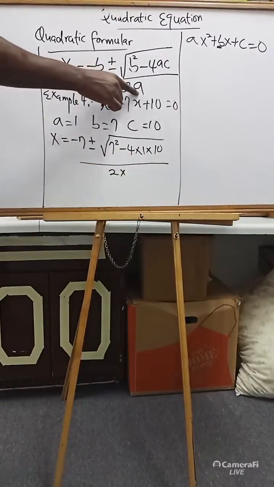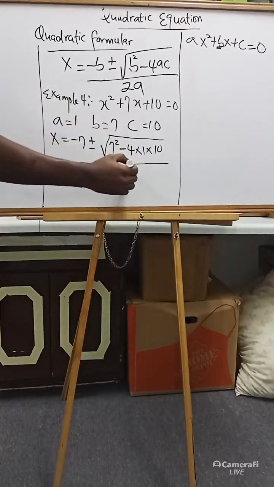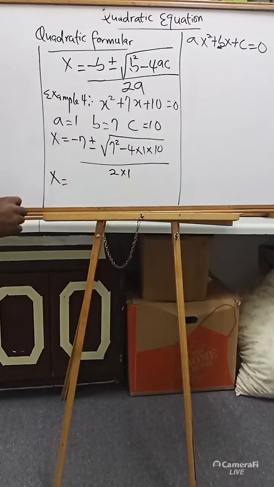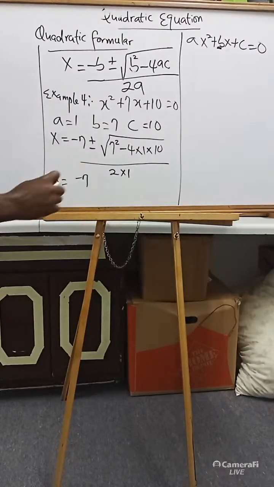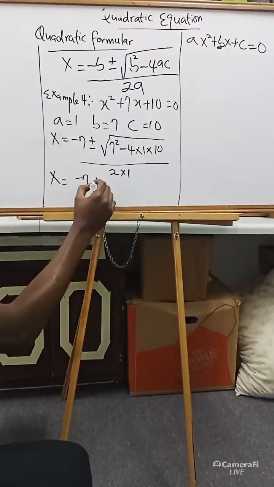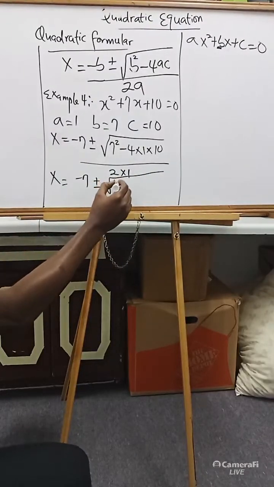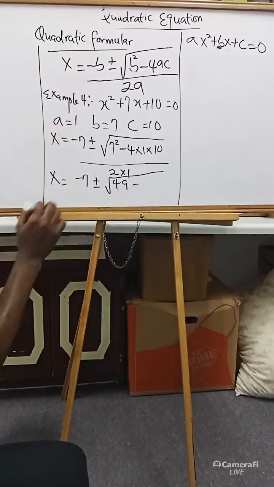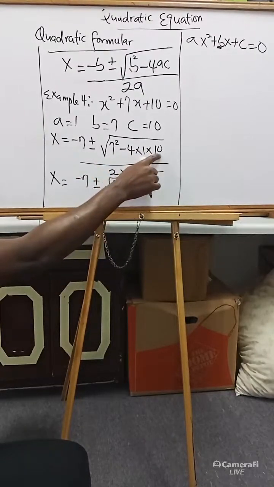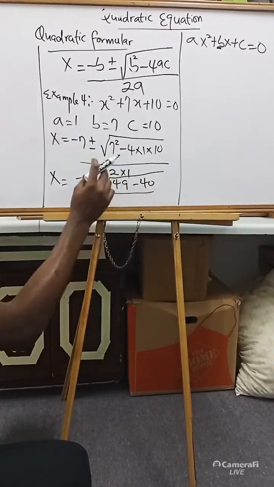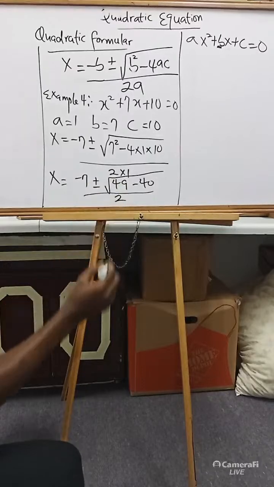What is my 2a? My a is 1. So with this, we have that x equals negative 7 plus or minus root 7 to the power of 2 is 49 minus 4 times 1 times 10 gives 40, all over 2 times 1, which is 2.